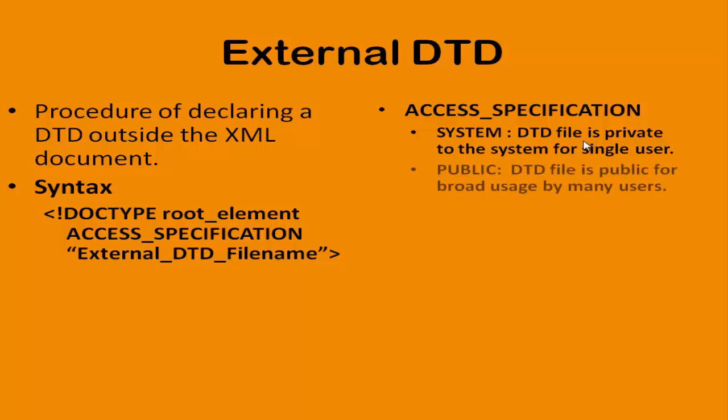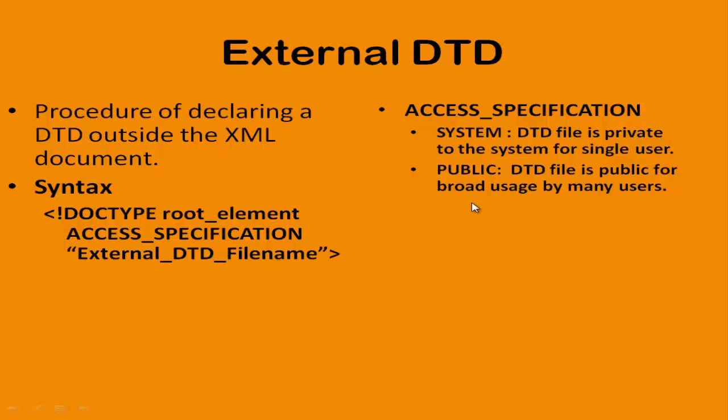Consider when I want to make my external DTD available for all, so I can go with the access specification name public. So system is only for private accessibility and public is for the global accessibility. And be aware that you have to provide system and public in capital letters.